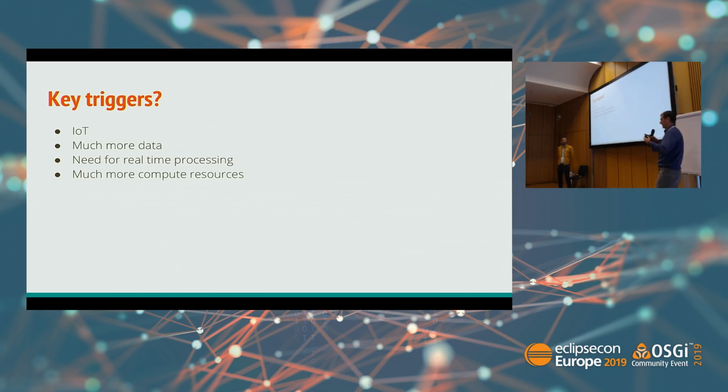Whether they live in one cloud, in a hybrid cloud environment, or in a constrained nodes environment, it should be the same developer experience from the top down. And that's one trigger. Other triggers are IoT and sensing becoming cheaper and cheaper, so more and more data is becoming available. So we need new tools to handle that.